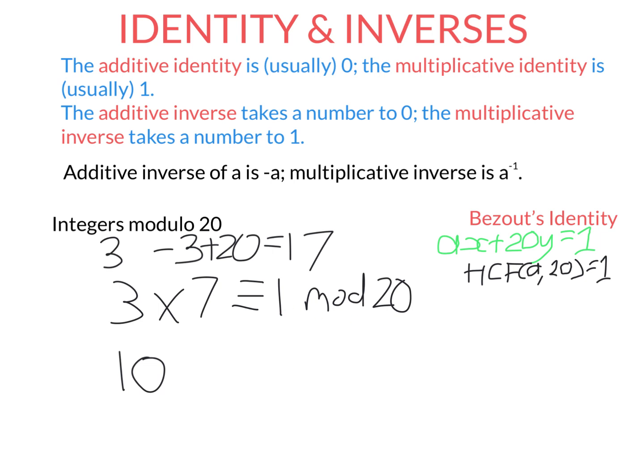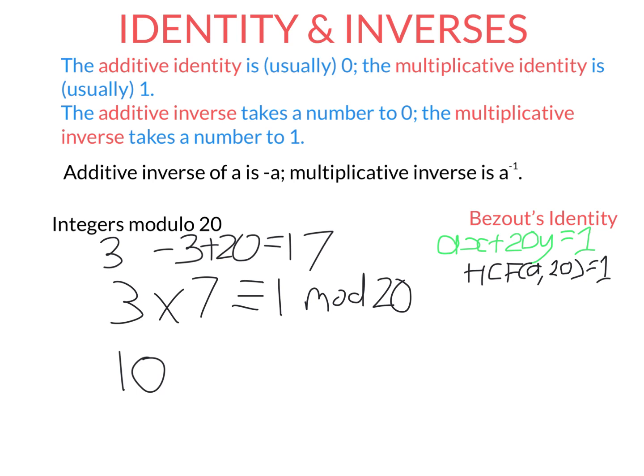The numbers equivalent to 1 mod 20 are 1, 21, 41, 61, 81, and so on. You can never multiply 10 by an integer to get any of those numbers. So 10 is a number modulo 20 that does not have a multiplicative inverse.